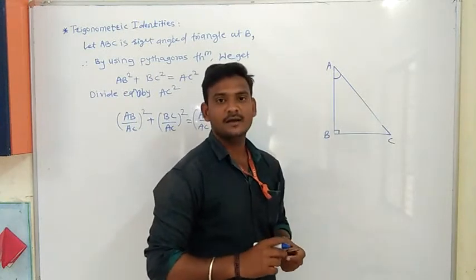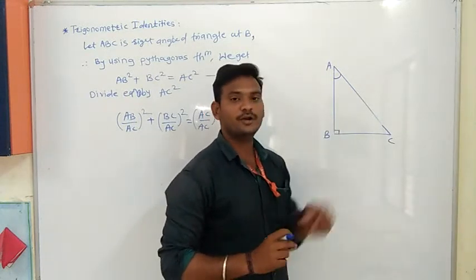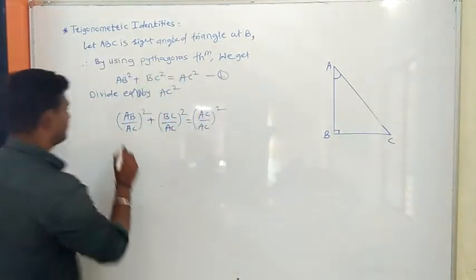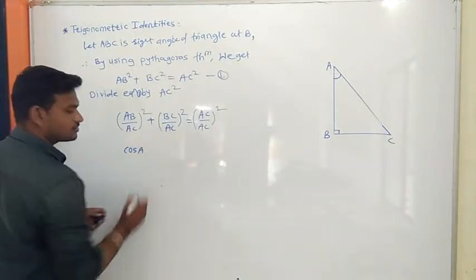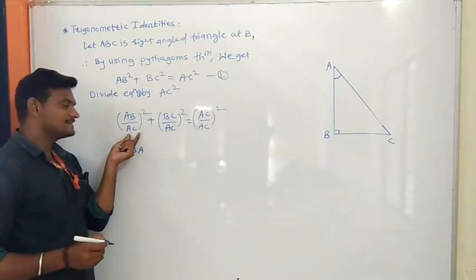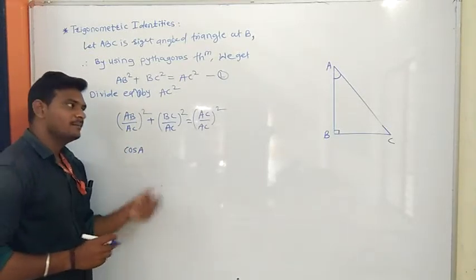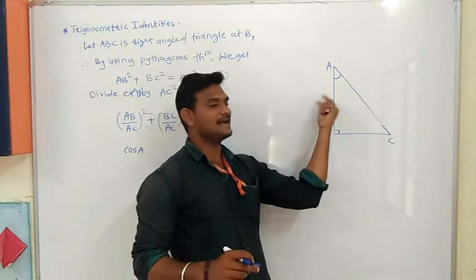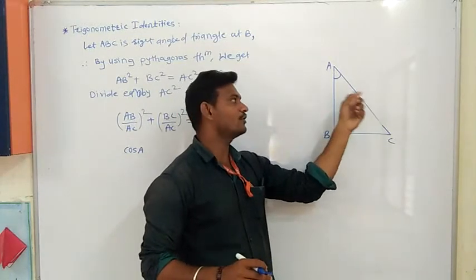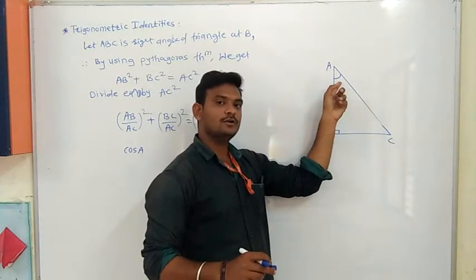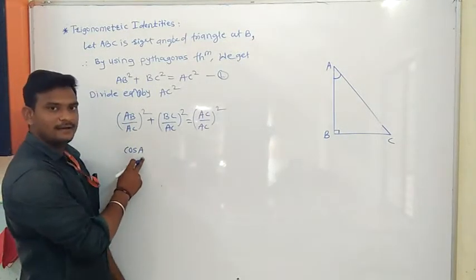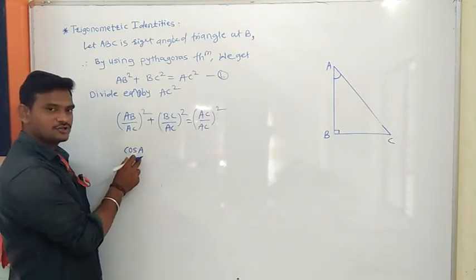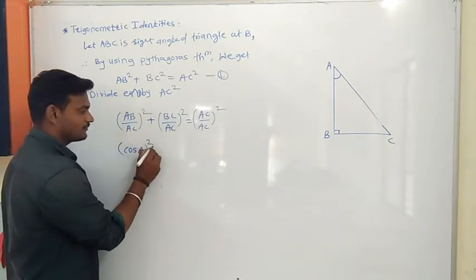Adjacent upon hypotenuse is the cos ratio. Therefore, can I write AB by AC as cos of angle A? Yes. So this ratio will equal cos A, whole square.